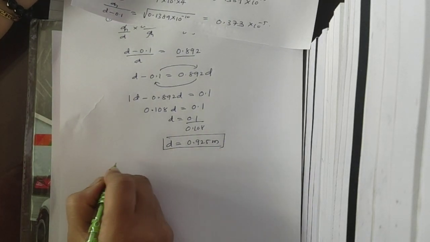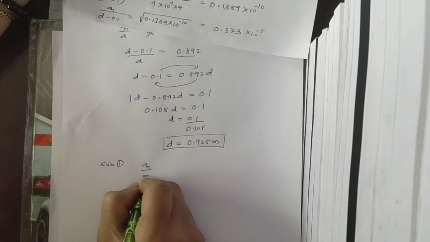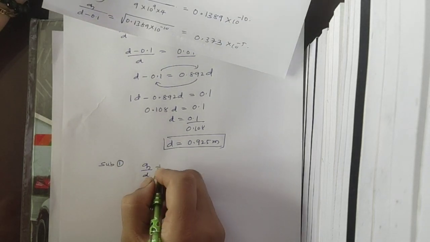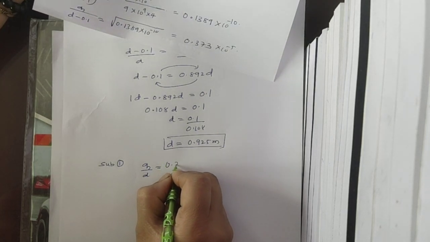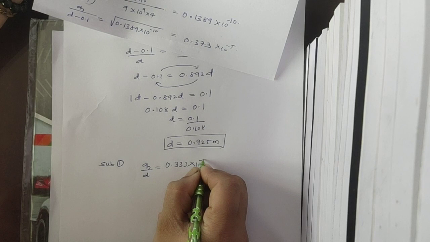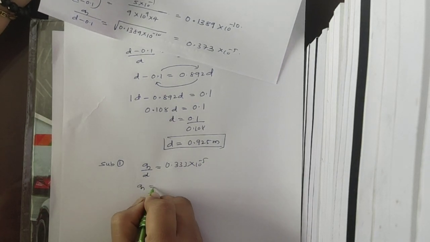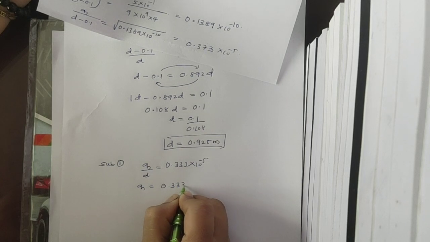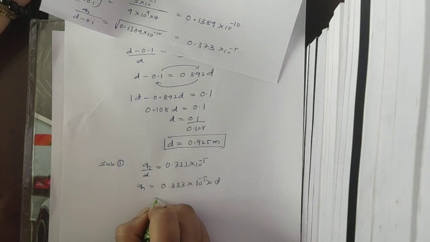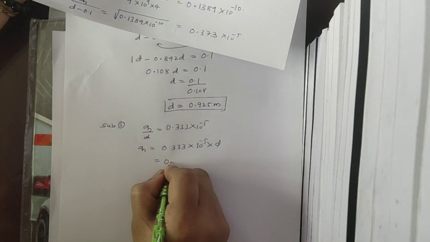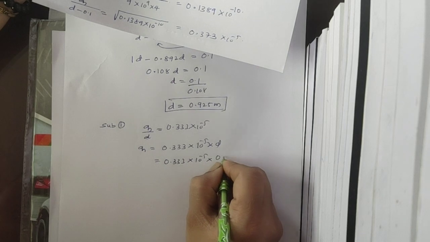Substitute in equation 1. Equation 1 is Q divided by D equals 0.333 into 10 to the power minus 5. You take D to this side: Q equals 0.333 into 10 to the power minus 5 into D. D is 0.925.